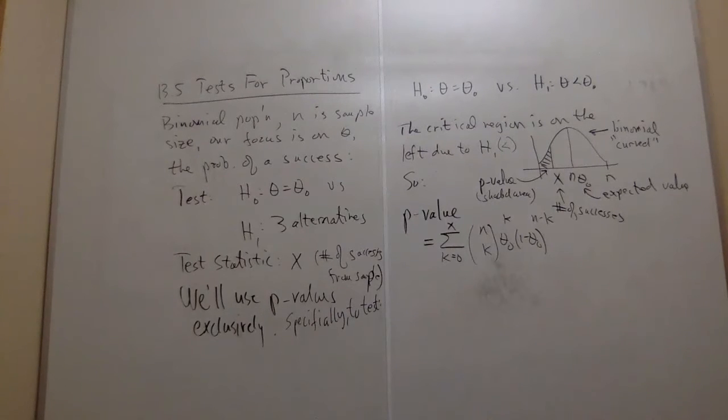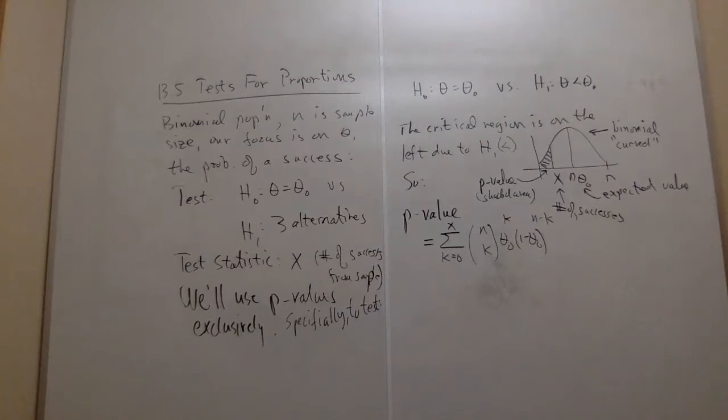And of course, we could choose any of the three basic alternatives. And generally, the researcher would have one of those in mind. He would be of the opinion that theta is actually smaller than theta 0 or larger. We don't choose the alternative randomly, but it's based on our research thesis.